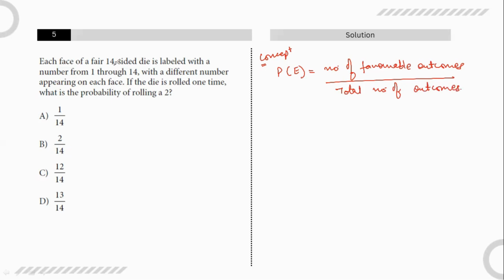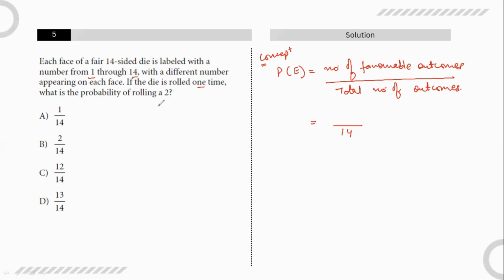So the question gives that total number of outcomes are from 1 through 14. When a die is rolled one time, how many outcomes are there? Can we say the denominator will be 14? Anyone number can appear on the face of the die. So that will be 14.